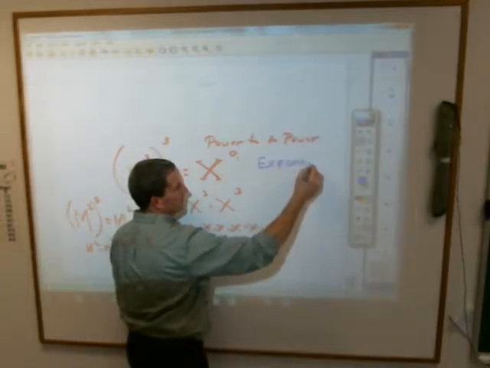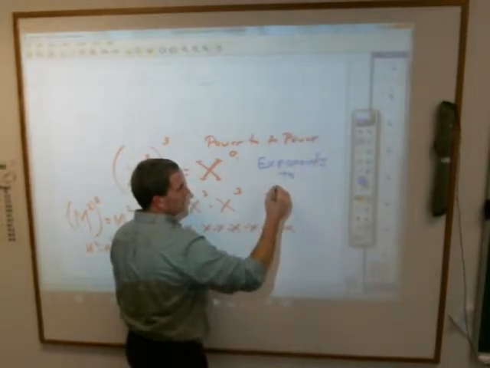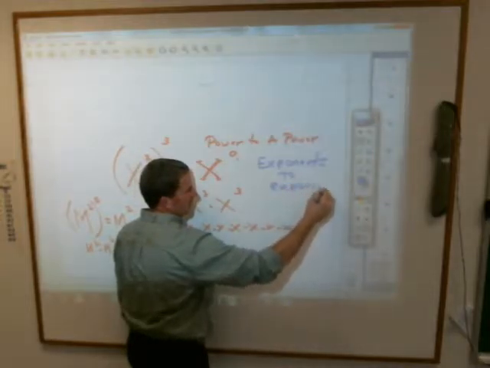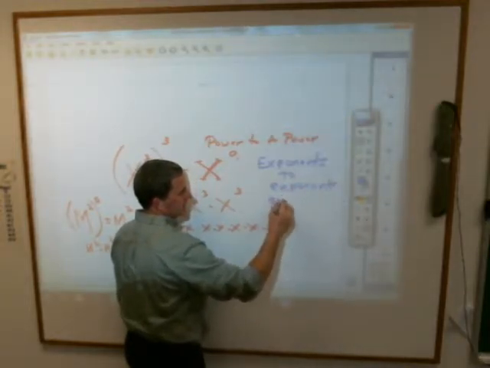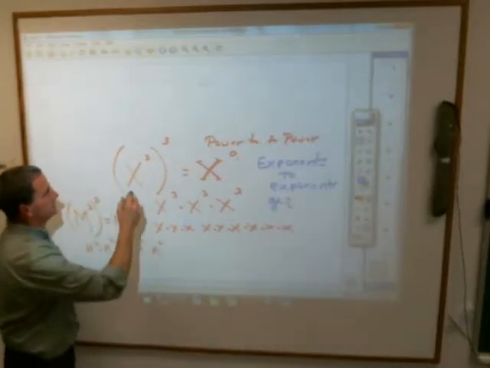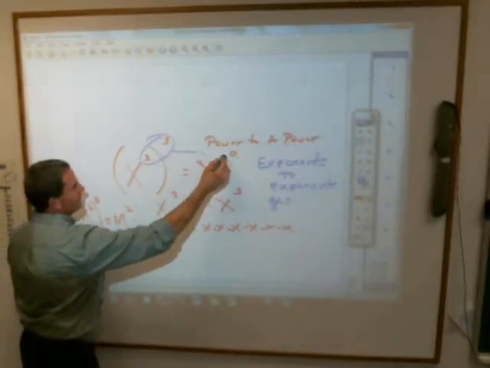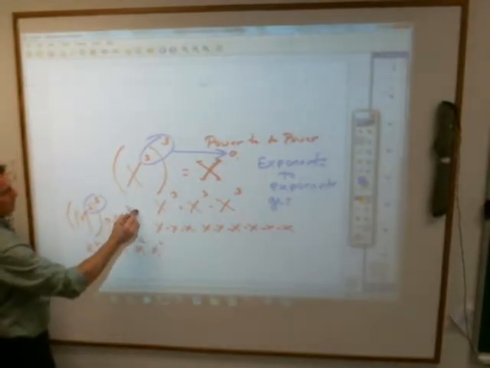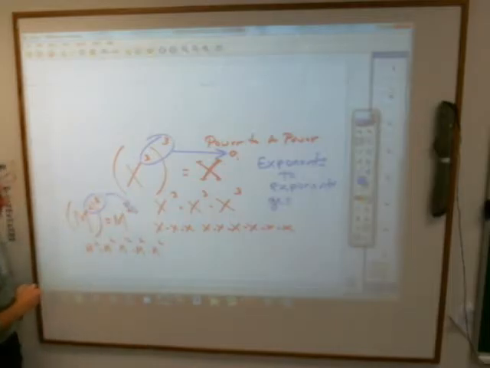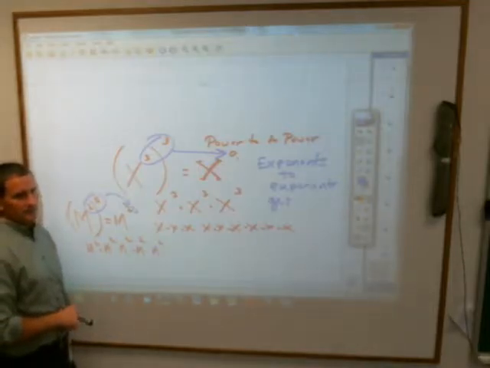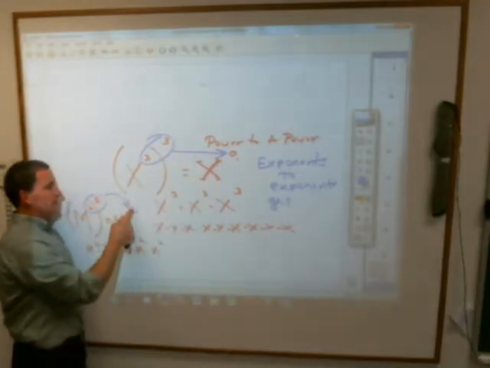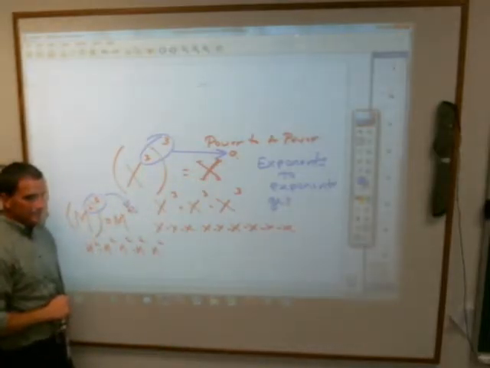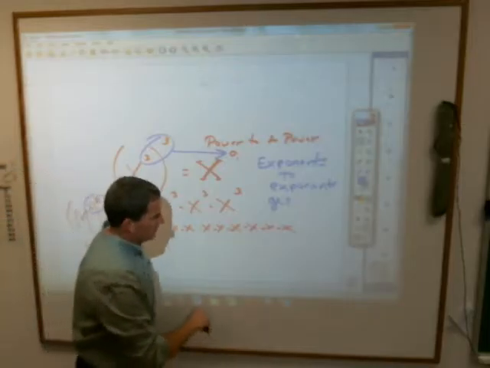Exponents to exponents get what? 3 and a 3 gave me 9. 5 and a 2 gave me a 10. See a pattern there? Very good. They get multiplied.